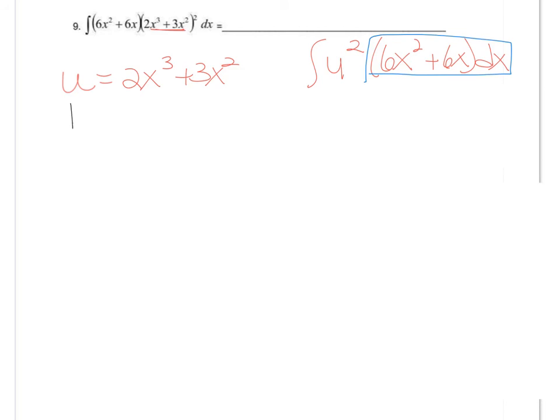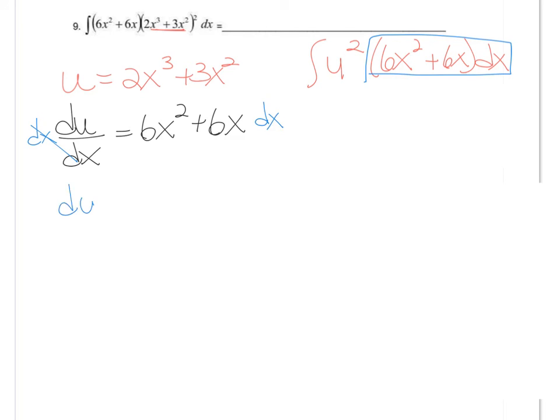So I'm going to take the derivative of u. I notice that this 6x squared plus 6x matches exactly. So if I multiply dx to the right-hand side, we get that du is 6x squared plus 6x dx.